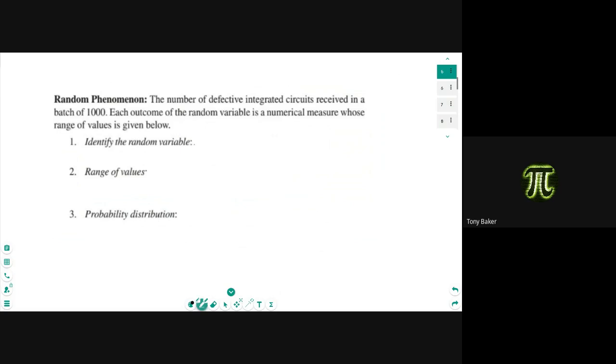What is the random variable for this? Yeah. So X is the number of defective. What would be the range of values that I can have for this?